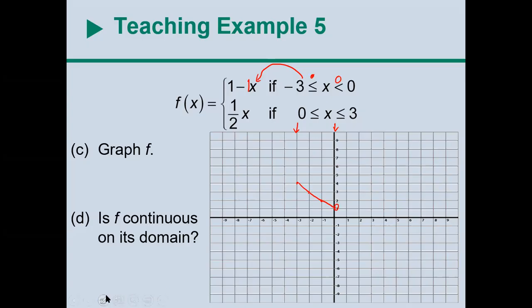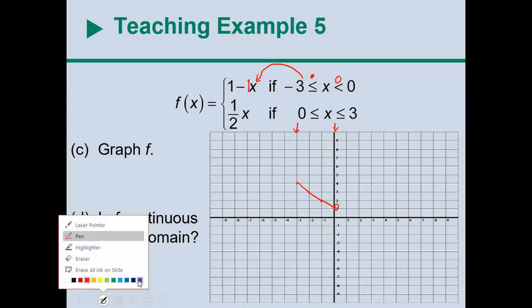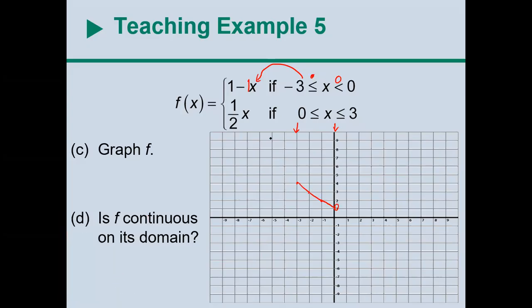Okay? My second piece of my piecewise, it starts at 0 and ends at 3. So I'm going to plug in 0, and 1/2 times 0 is 0. And is it an open or closed circle at 0? Closed, because it's less than or equal to.